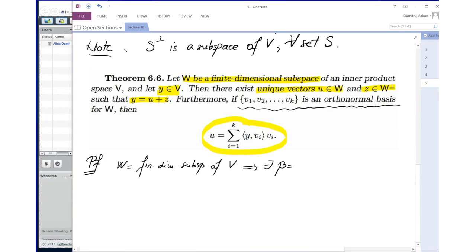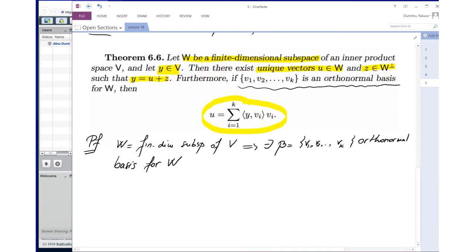I'm going to use the same notation, V1, V2, Vk. So there exists beta an orthonormal basis for W. So now choose a vector in V. Well, there is no guessing here. They actually tell you what U should be. So let me define U to be that.